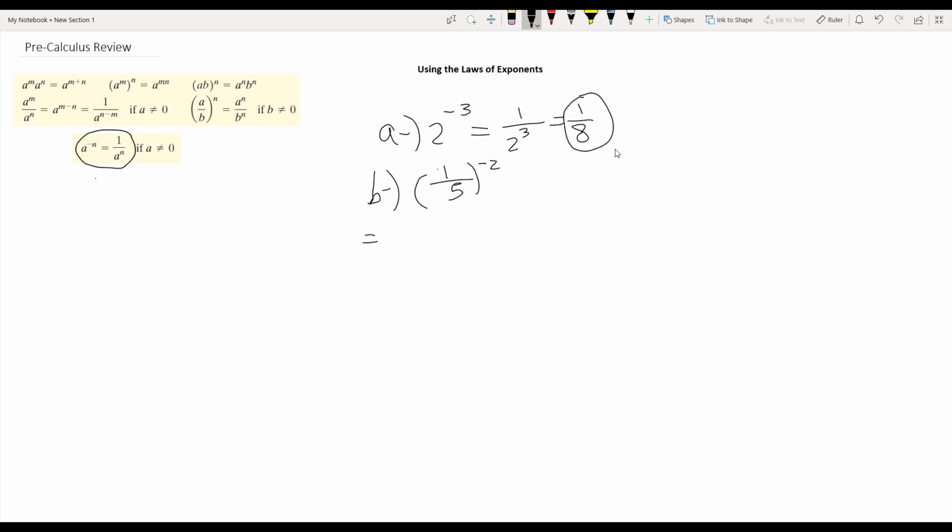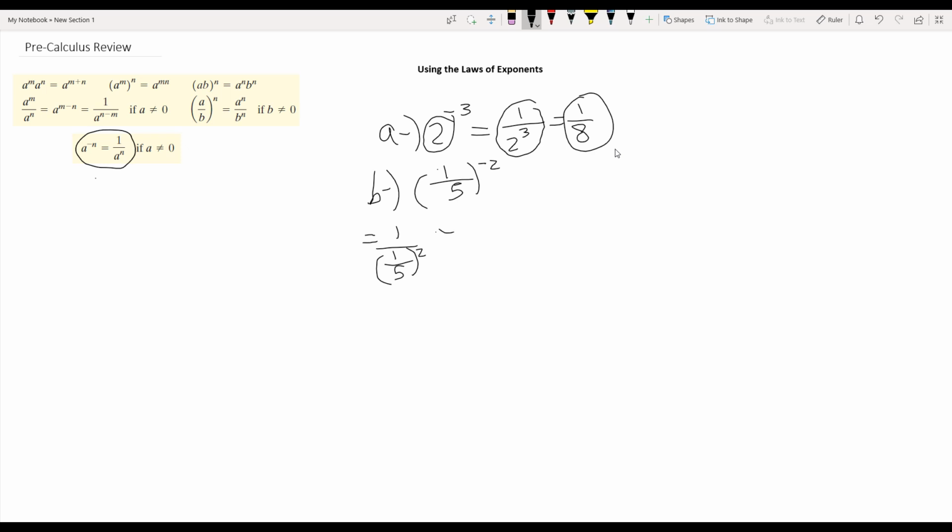This is simply a number, just like we did with these two here. And what do I mean? Well, this is the same as 1 over 1/5 to the second power. Do you see what I mean? We simply did the same as here, and we treated 1 over 5 as a whole number.